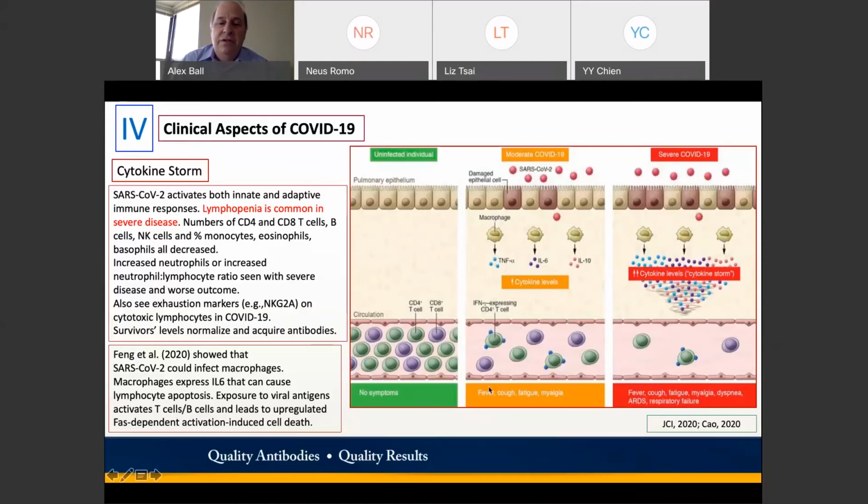This is associated with fever, cough, fatigue, and myalgia. In the most severe cases, you get this notion of cytokine storm. So large amounts of IL-6 and other pro-inflammatory cytokines lead to lymphopenia, low white count, fever, cough, fatigue, myalgia, shortness of breath, ARDS, respiratory failure, and multi-organ involvement.